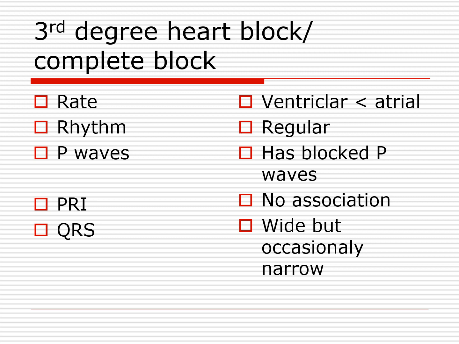If the QRS width is less than or equal to 0.12 seconds, the rate is controlled by the junction. Okay, so if your QRS width is normal, the rate is controlled by the junction. If the QRS is wide, okay, greater than 0.12, then it is usually paced by the ventricles.